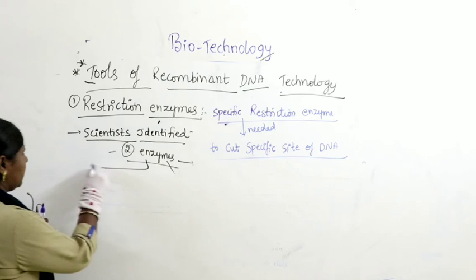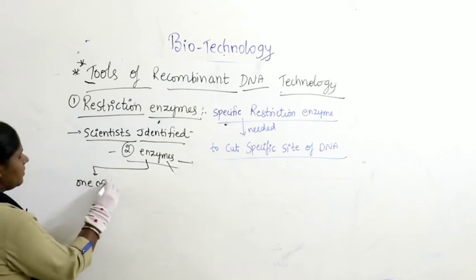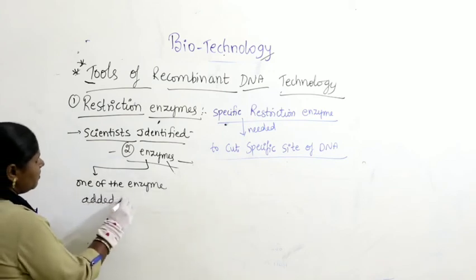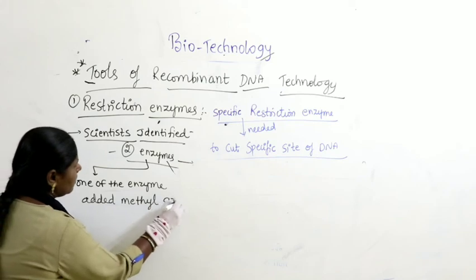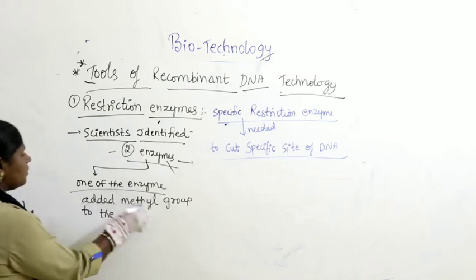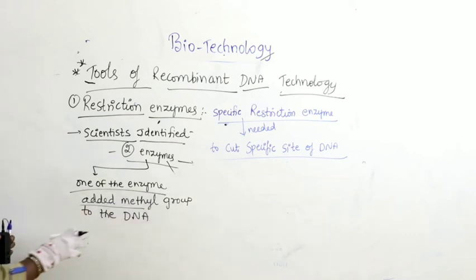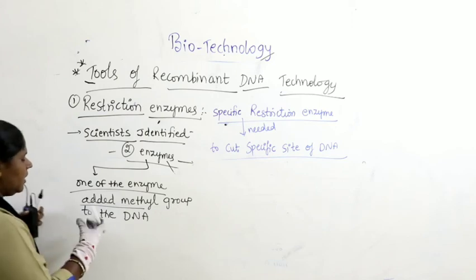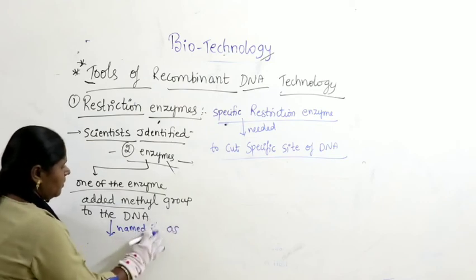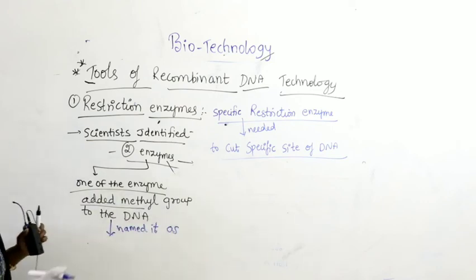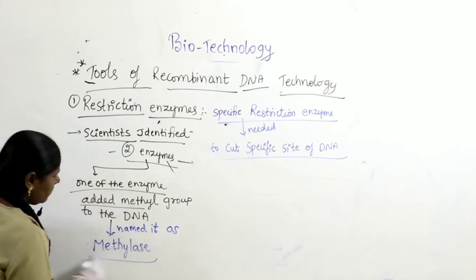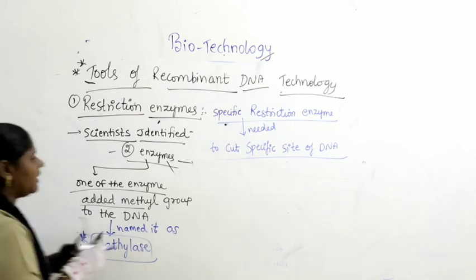Here, of the two enzymes, one of the enzymes added a methyl group to the DNA, and it was named methylase.